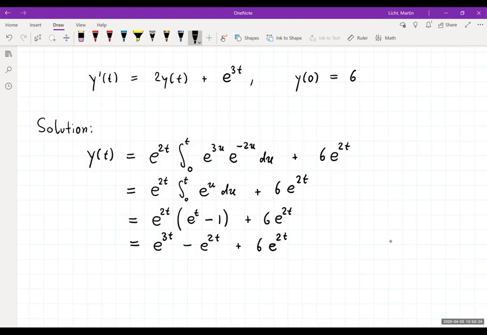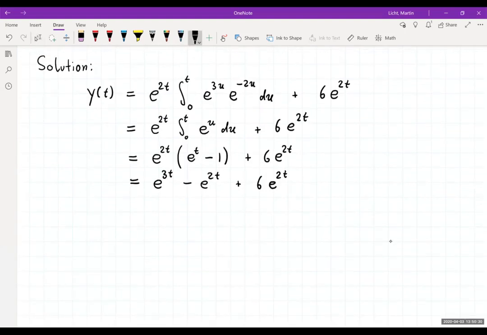So, for example, at t equal 1, I stop the system from evolving, and I get, okay, y at t equal 1 is the same as exponential of 3 minus exponential of 2 plus 6 times exponential of 2, which can be simplified to exponential of 3 plus 5 times exponential of 2.